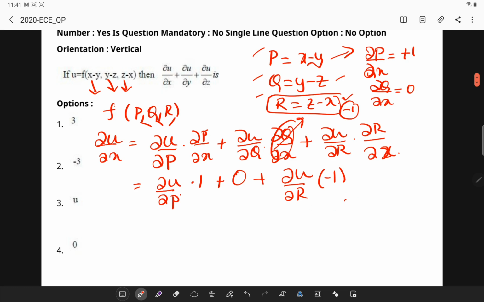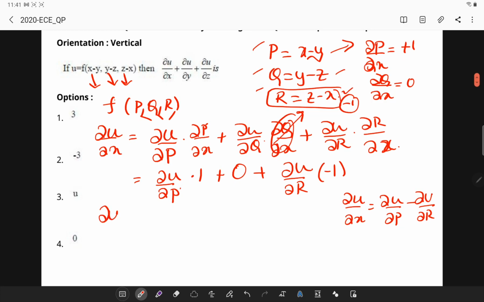Now I can simply write ∂u/∂x is ∂u/∂p minus ∂u/∂r.